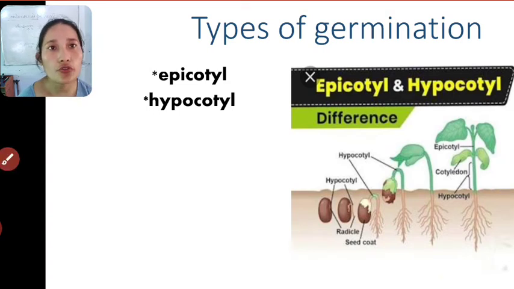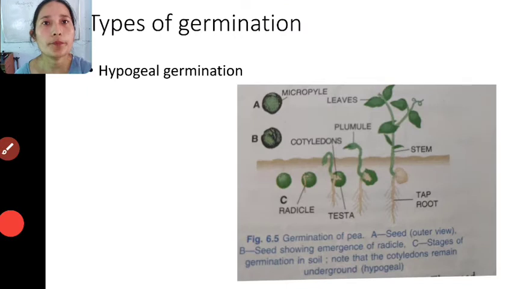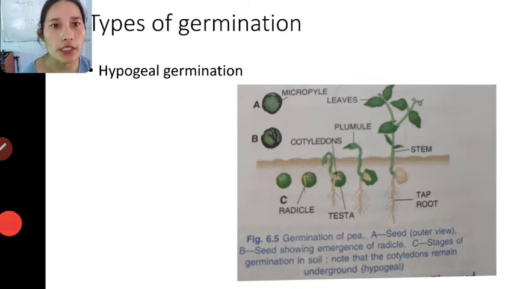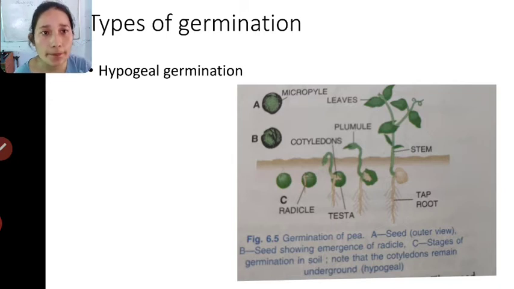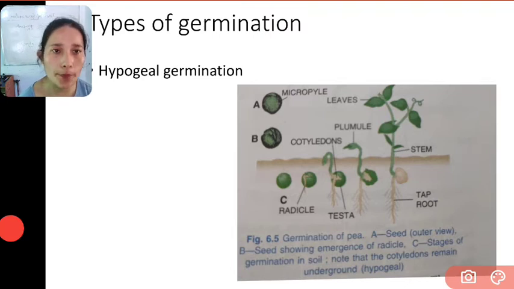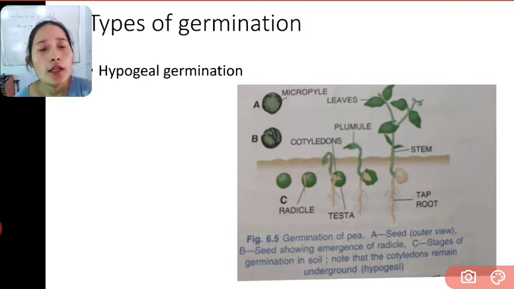Now let's move on to the types of germination. First we will be discussing hypogeal germination. We would be taking green pea as a model of study. Green pea is a dicot seed. Now look at the figure given alongside properly. This one is your seed.